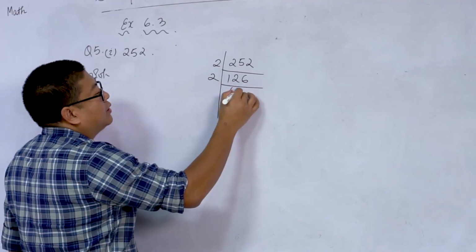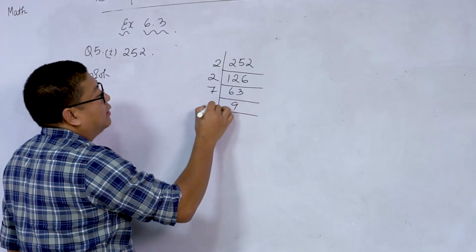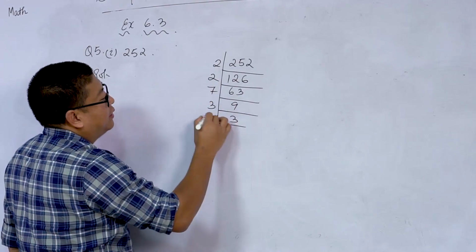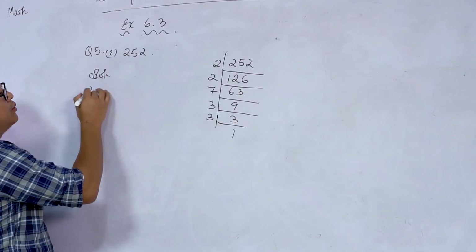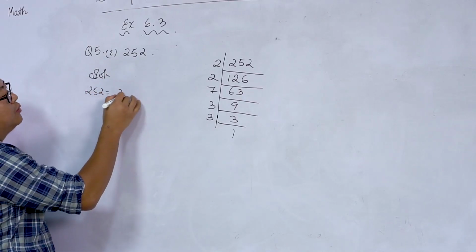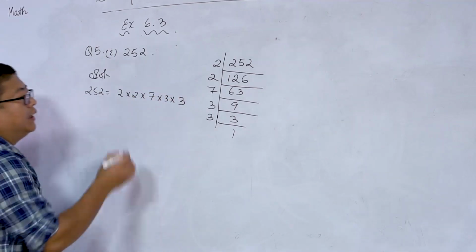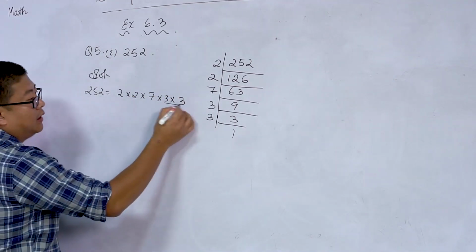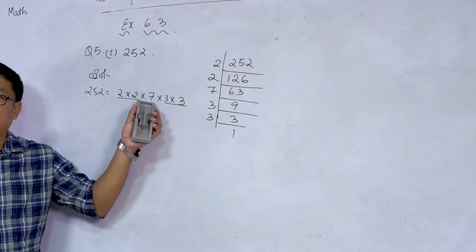So again 2, 2 sixes, 2 threes, 7 nines, 3 into 3, 3 into 1 is 3. So what we're getting here is 252 is equal to 2 into 2 into 7 into 3 into 3. Let's pair them up first. First pair, second pair. 7 does not have a pair here.